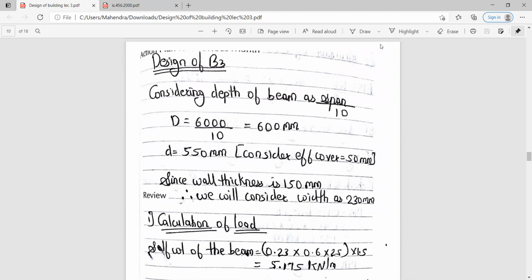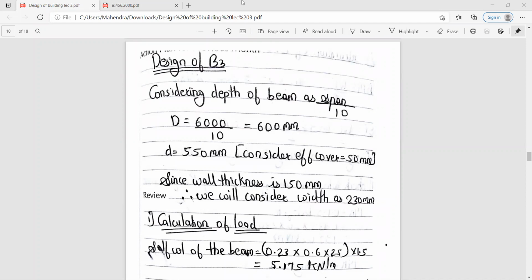Now you are going to provide the effective cover of 50 mm. So 600 minus 50, you will get the effective depth as 550 mm. Since you know that the wall thickness is 150 mm, we will consider the width as 230 mm.